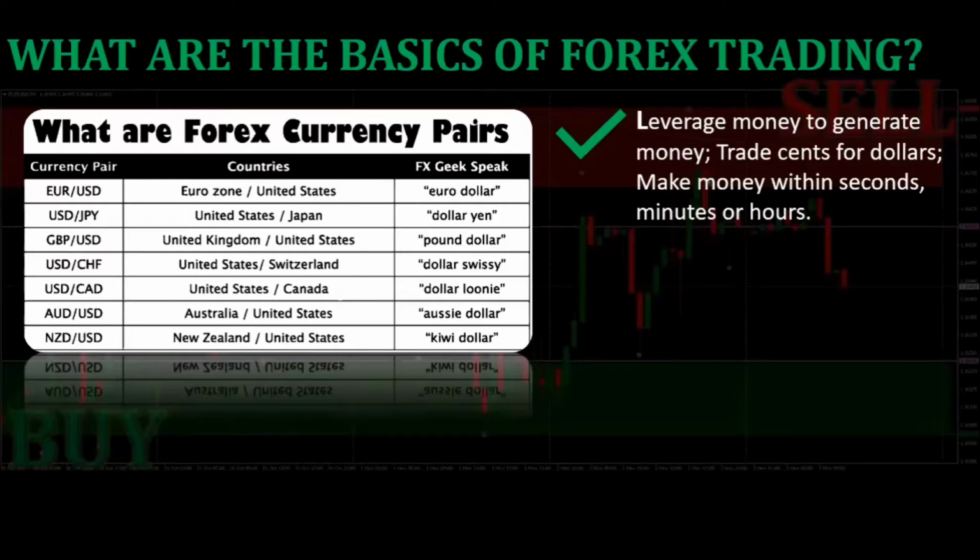Okay, so when we're talking about trading and the element of actually trading itself, we're talking about leveraging money to generate money. Now, we trade cents for dollars, make money within seconds, minutes, or even hours, right? The foreign exchange market itself is actually open 24 hours a day, 5 days a week when we're dealing with currency.